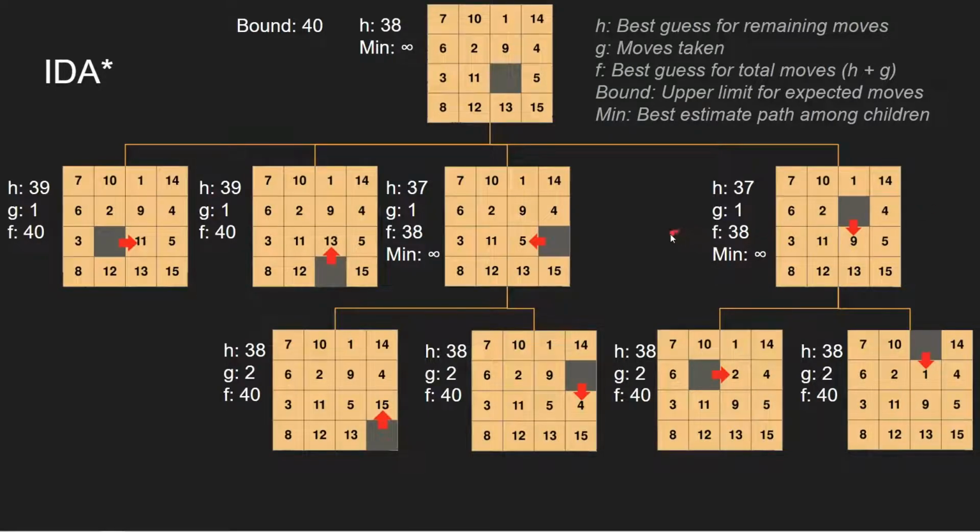The last scenario I want to think about is if we were to overestimate our heuristic. What I mean by that is if our heuristic says that we're 38 moves away, but we're actually only 20 moves away from a solution, what happens? Pretend the solution lives in this far left branch. However, we've overestimated our heuristic. We're only 20 moves away, but it looks like we're 39 moves away if we were to go this path.